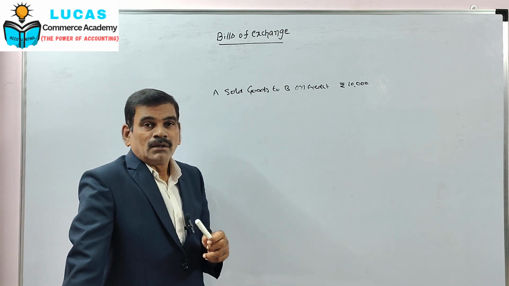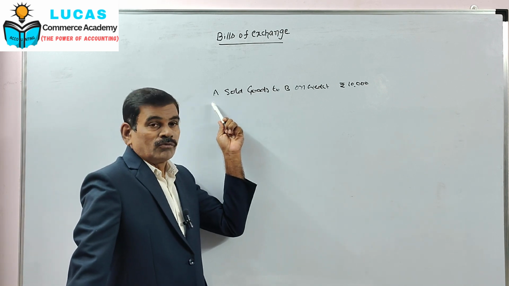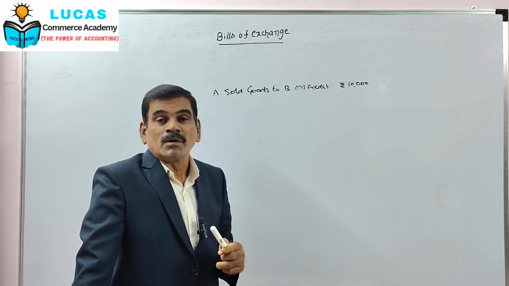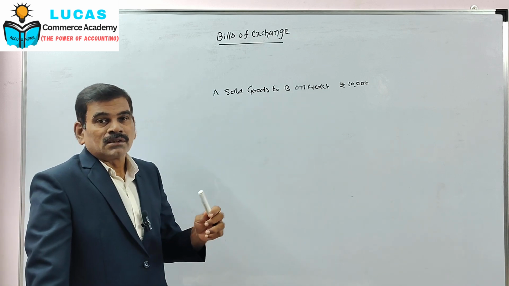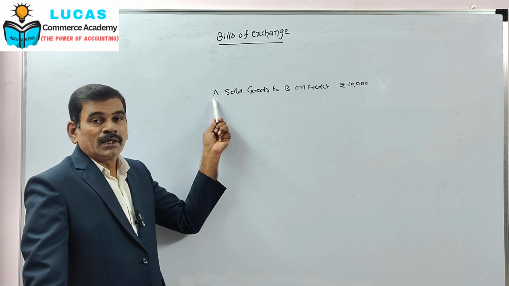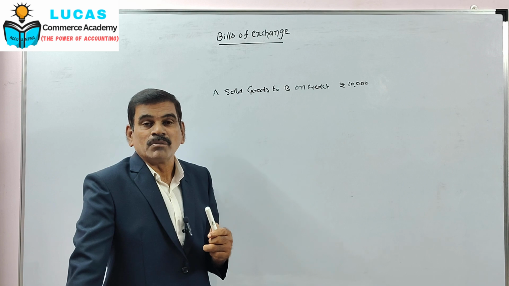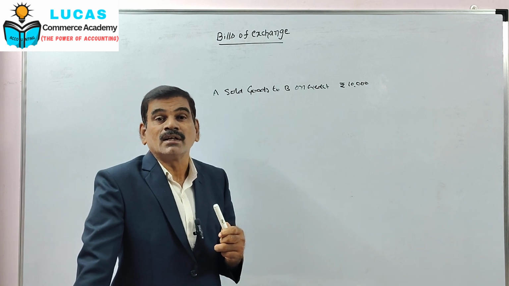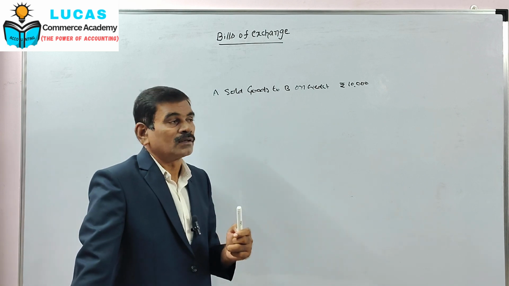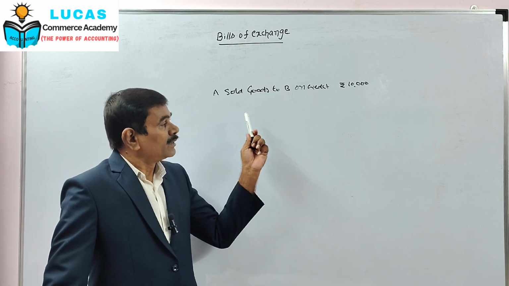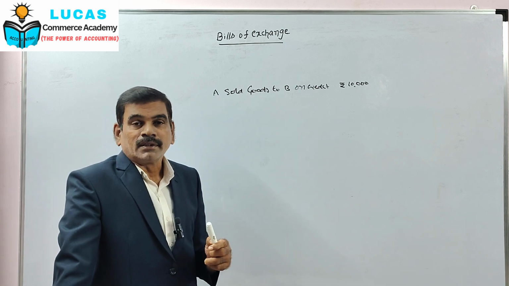So this bill is bills receivable for A and for B it is bills payable. That means bills receivable is an asset for A, for B bills payable is a liability.